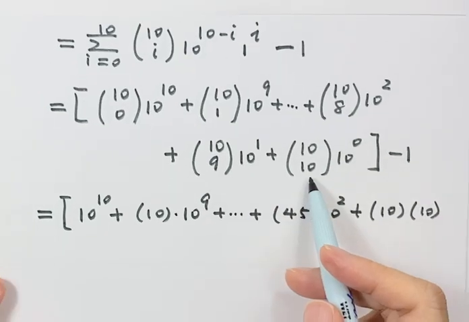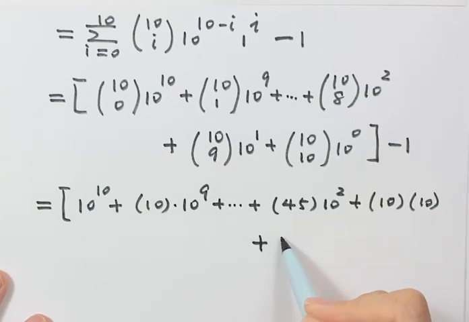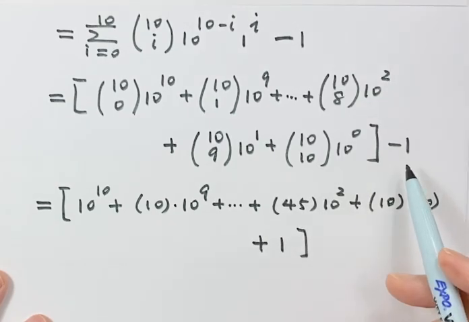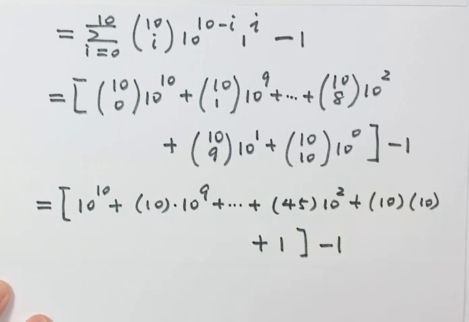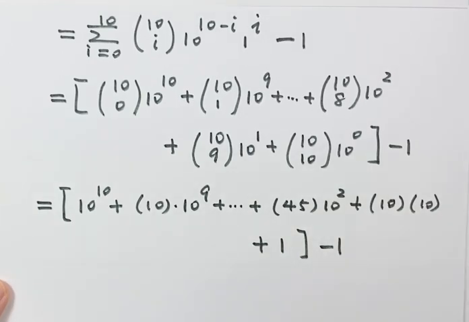The last one is 1, then outside minus 1. So these two cancel. Then here we have 10 times 10, that's 10 squared, 100. So each term has a factor of 10 squared.